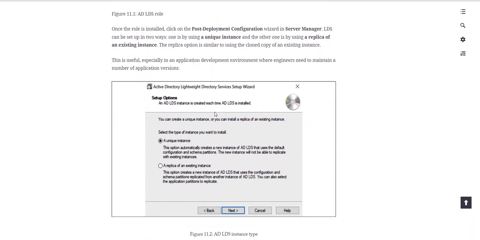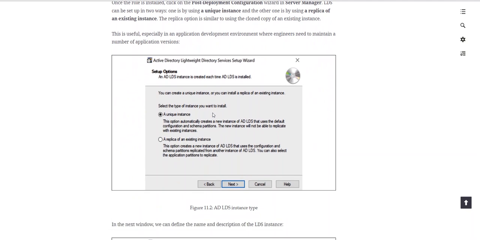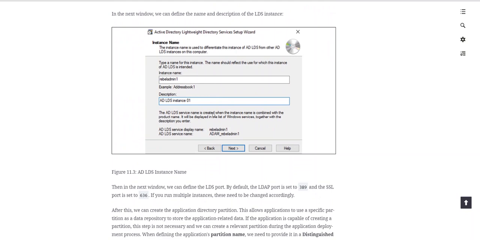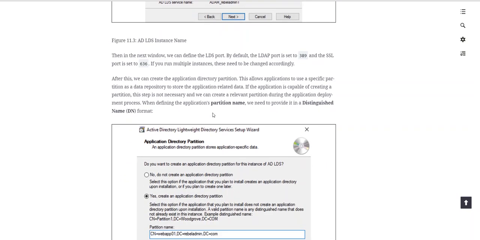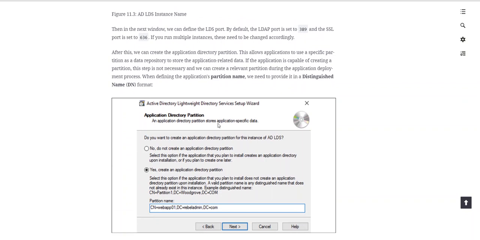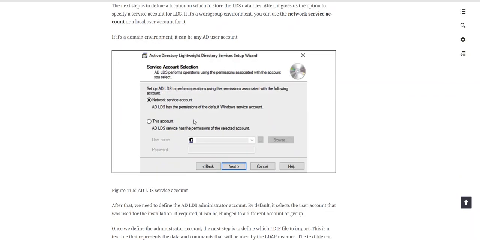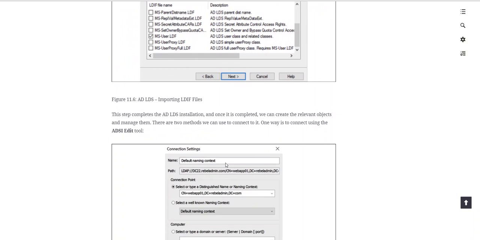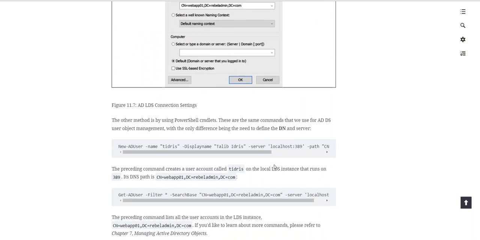So it's like, what are we going to do? Well, we can go create replicas of other instances. So I can replicate Active Directory from another system. There's a lot that we can do relative to LDF.